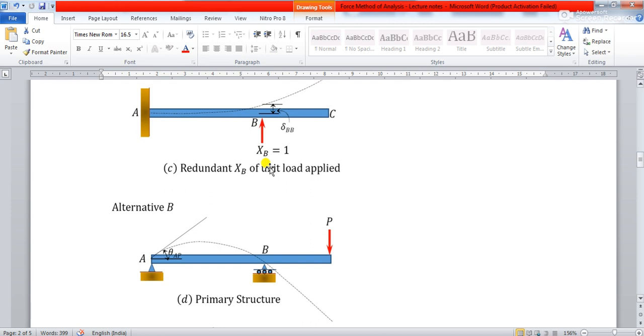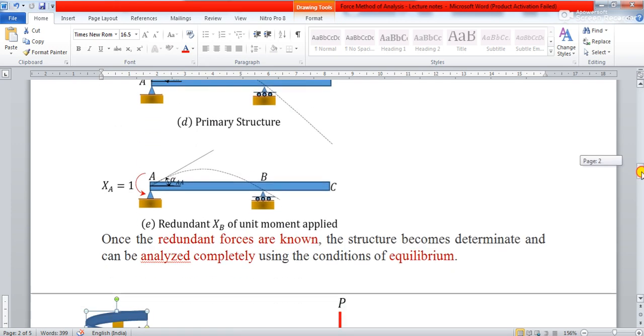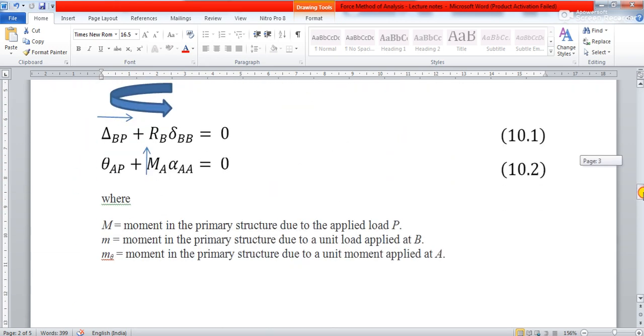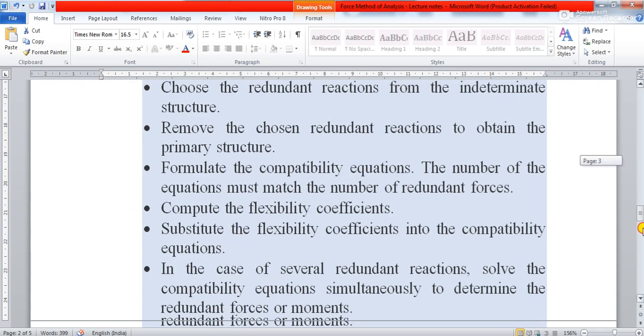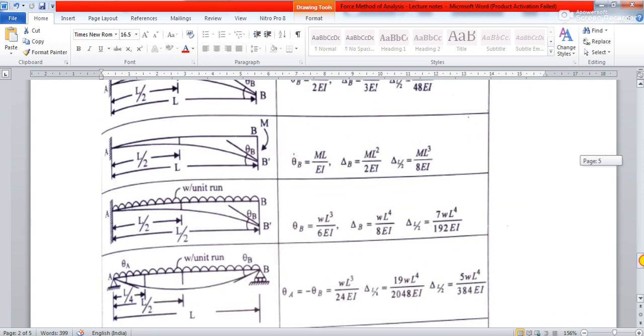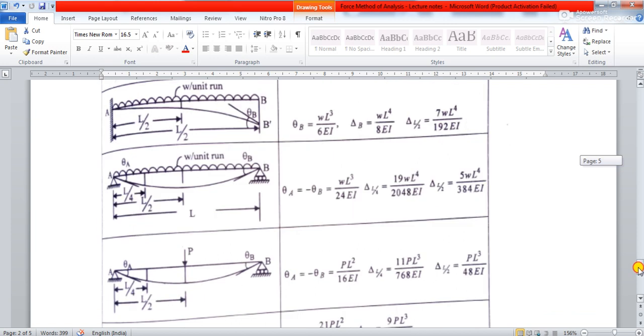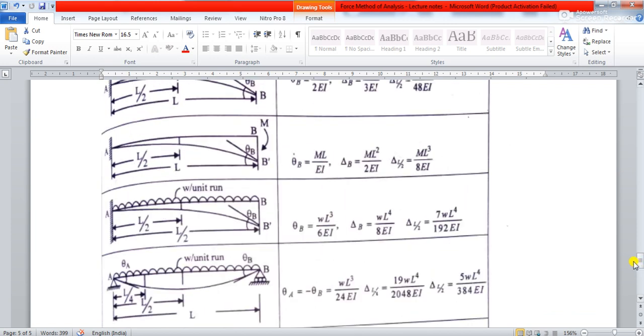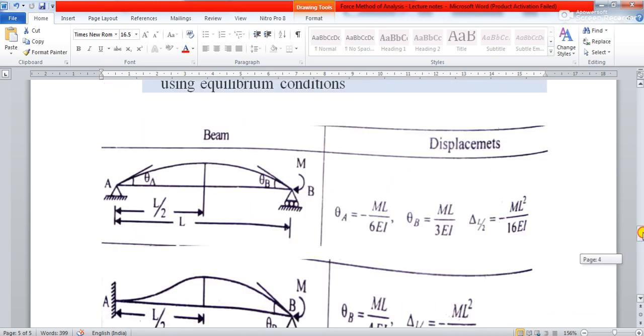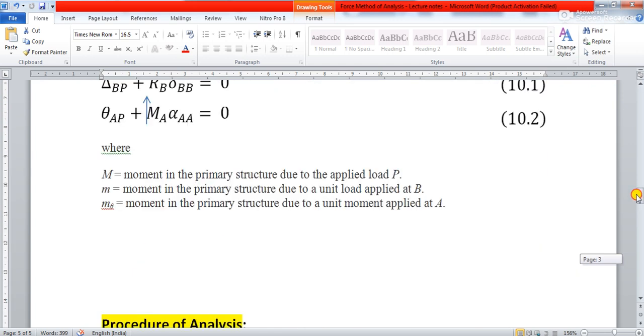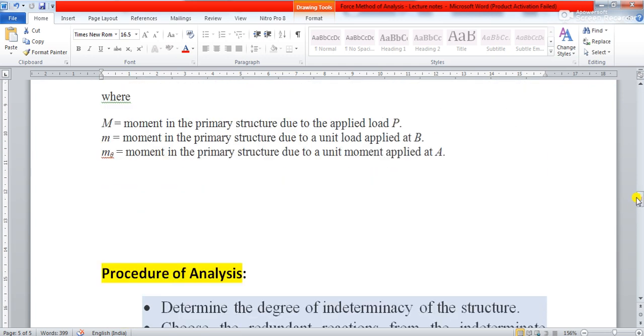I will explain this alternative way of considering the primary structure in the next class. Hopefully you have understood it. You should remember these values of the deflections very carefully, otherwise you will not be able to solve the structure using the force method, compatibility method or flexibility method of analysis.